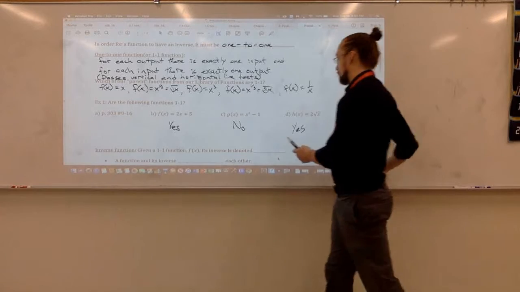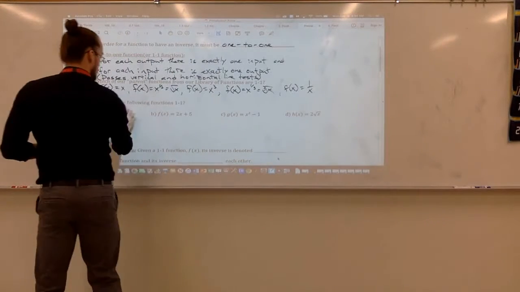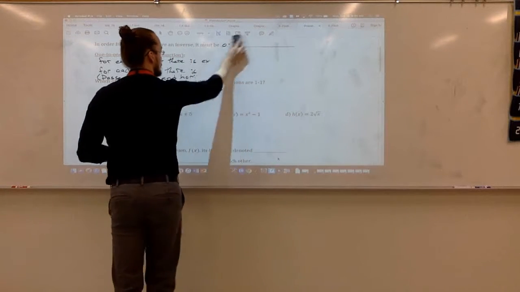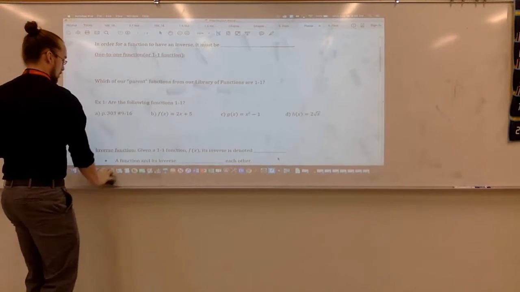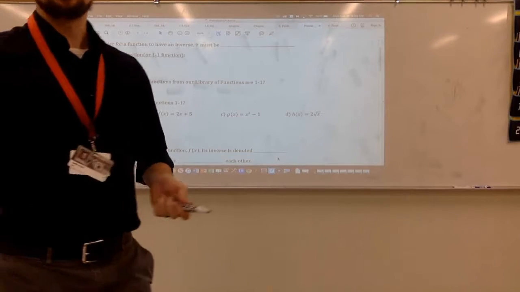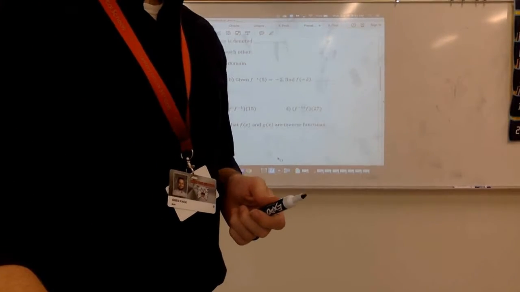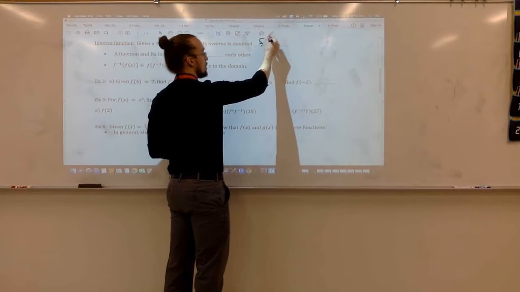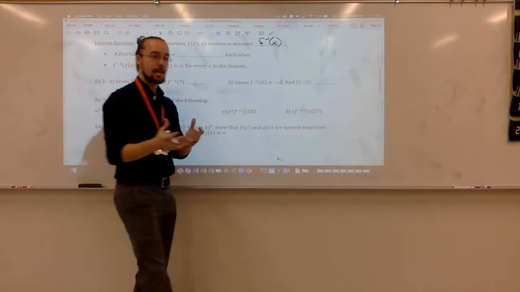So, let's actually start talking about inverses, what an inverse is. The notation for an inverse looks like an exponent of -1, but it's not an exponent.